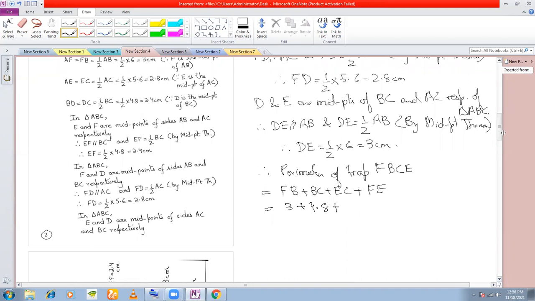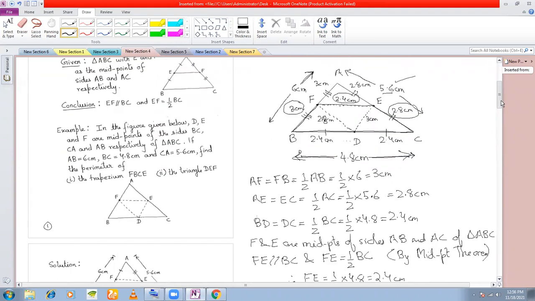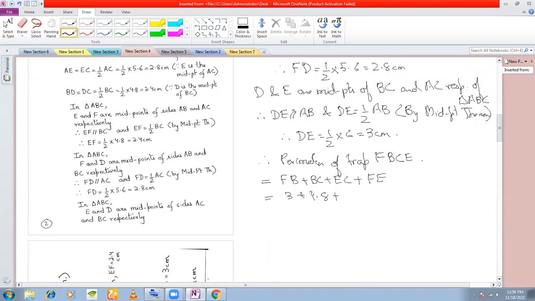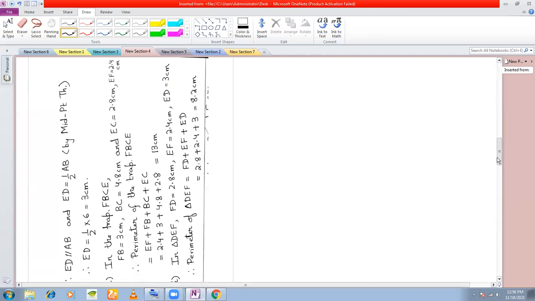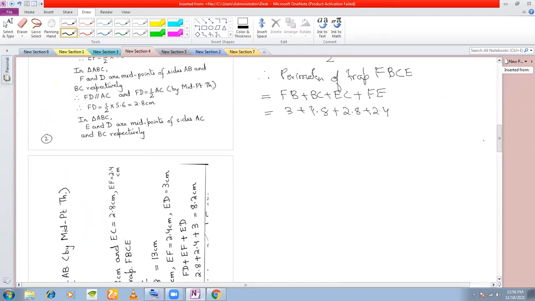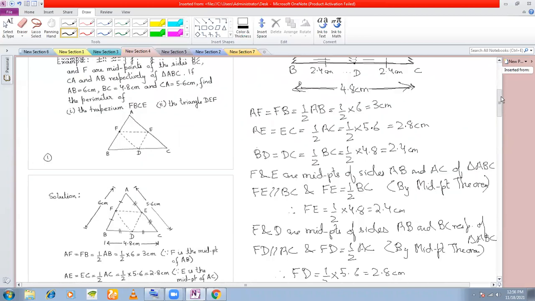And EC and FE, 2.8 and 2.4. So therefore, you add up all this, and the perimeter of this trapezium is, you'll get it as 13 centimeters. Okay, that finishes the first part of the problem.